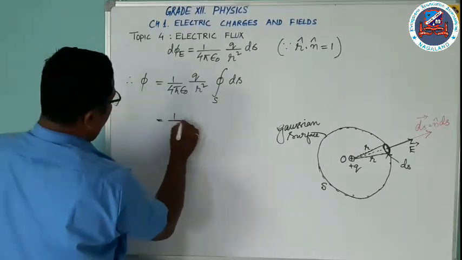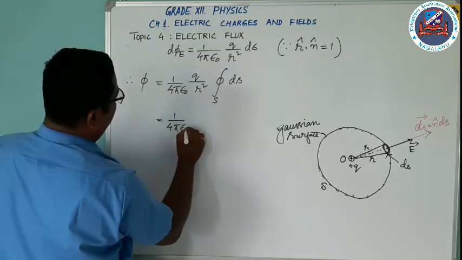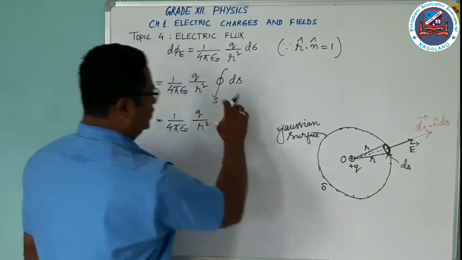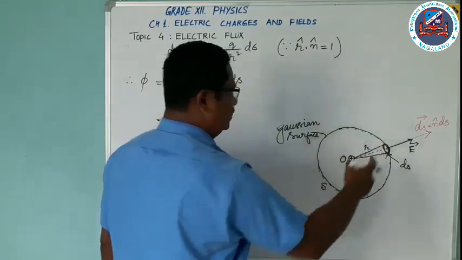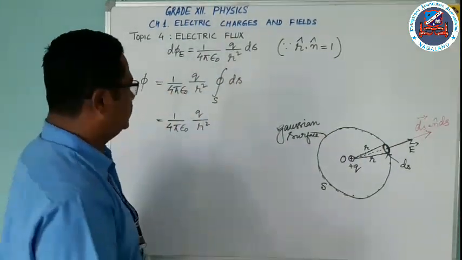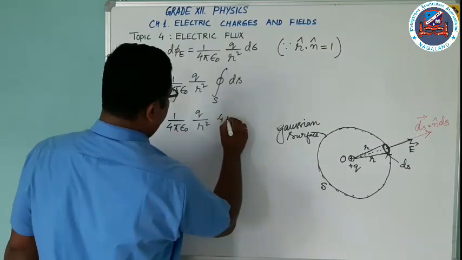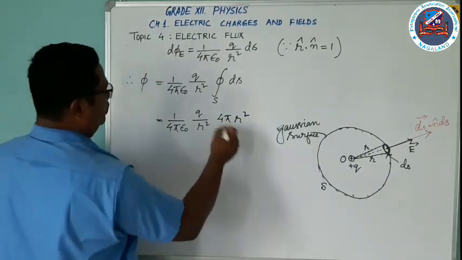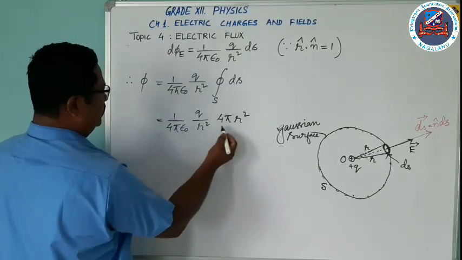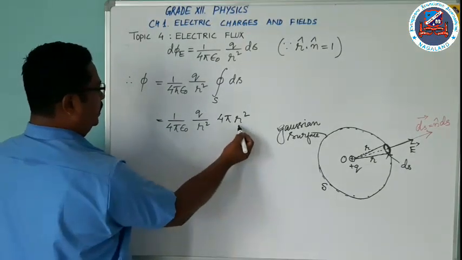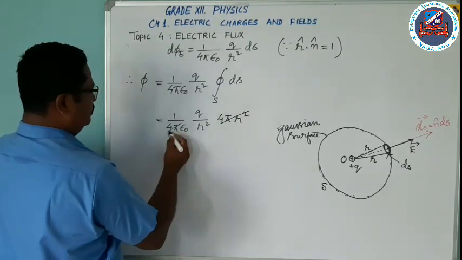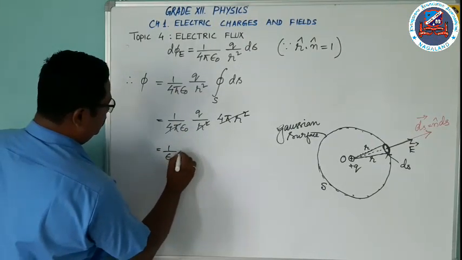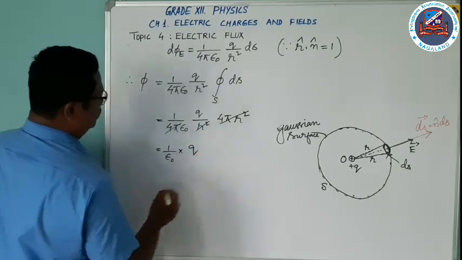The sum of all the area, the surface area of the sphere, is 4 pi r square. If you cancel 4 pi and r square, you get 1 by epsilon naught times the net charge Q.